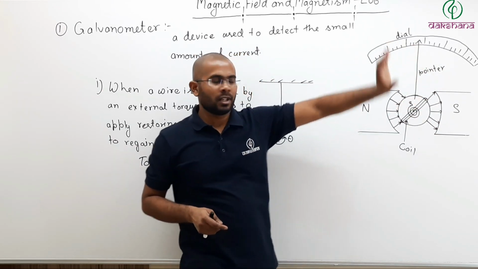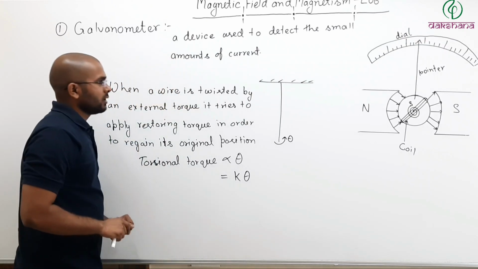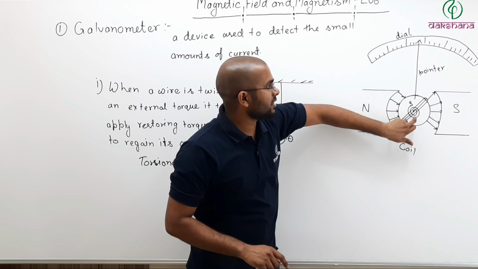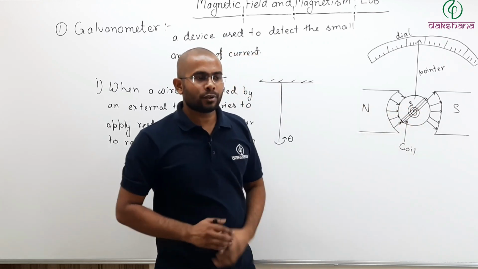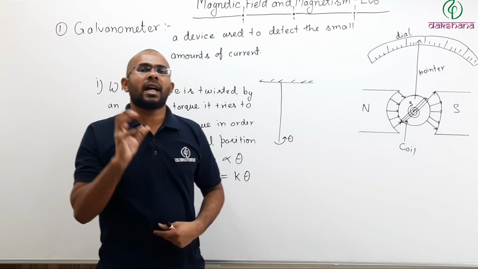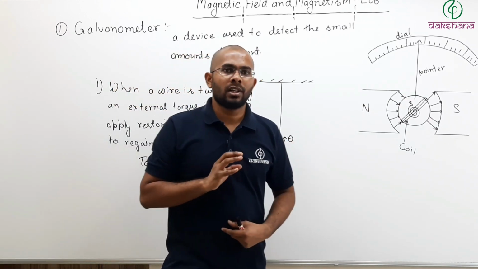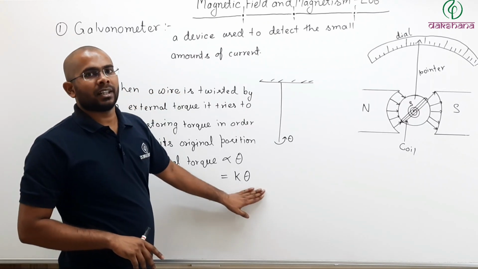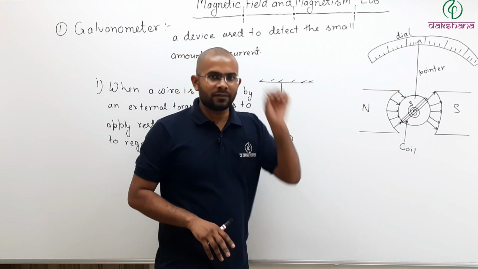moves forward. So here also, instead of using a wire, what I have done is use a spring. When an external force is applied, that spring will apply a restoring torque. How much restoring torque will it apply? K times theta, where K is the constant of that spring.